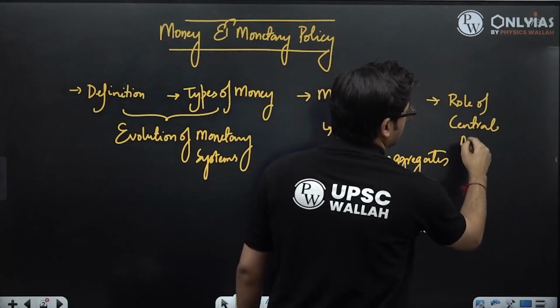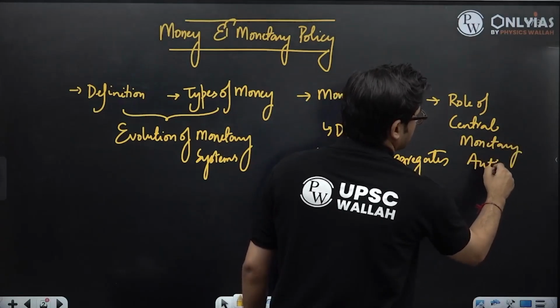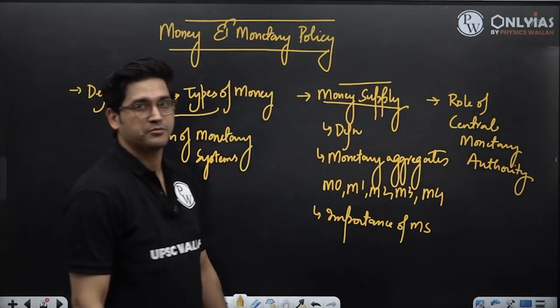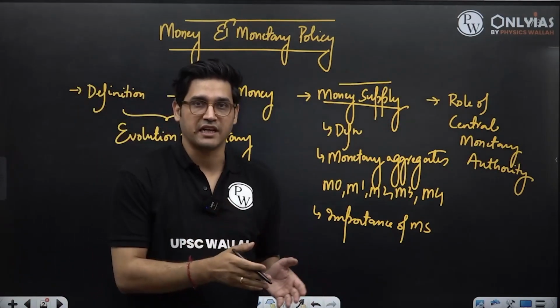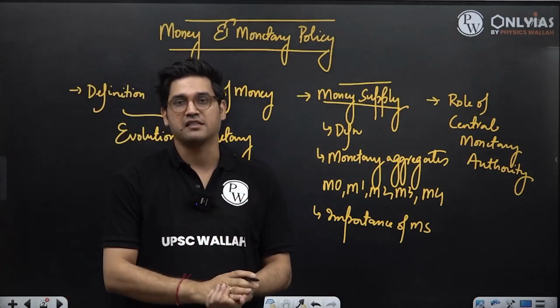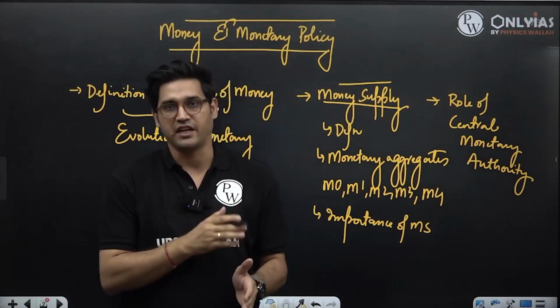And then we will pick up with another topic, which is the role of any economy's central monetary authority in respect of money supply. Who influences money supply and how does that body influence that money supply? The answer is the central monetary authority of every economy.